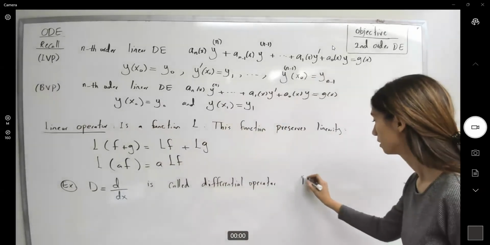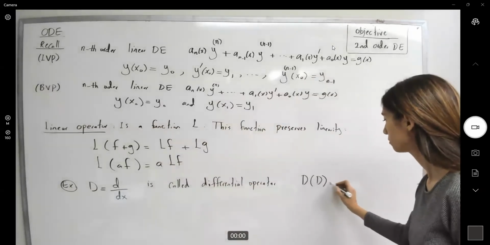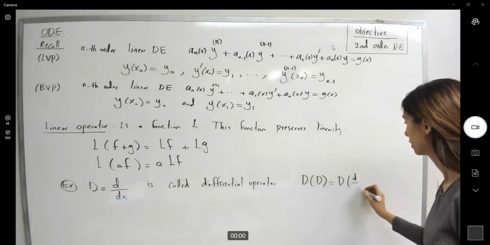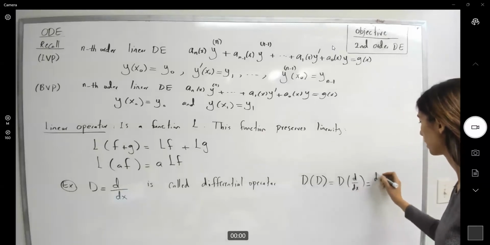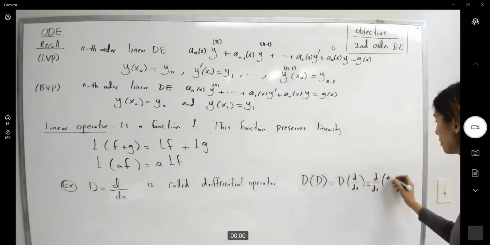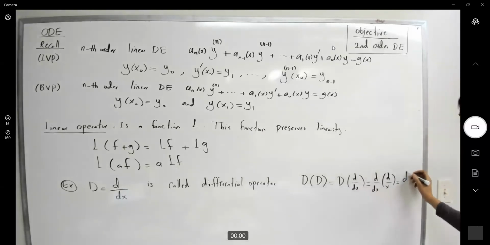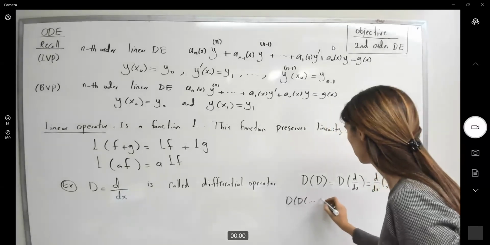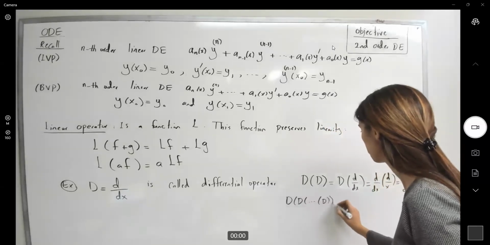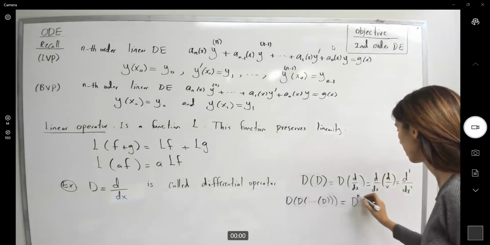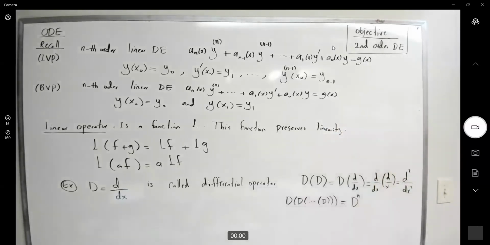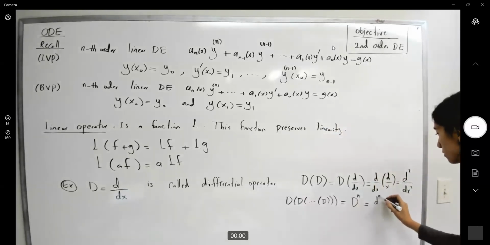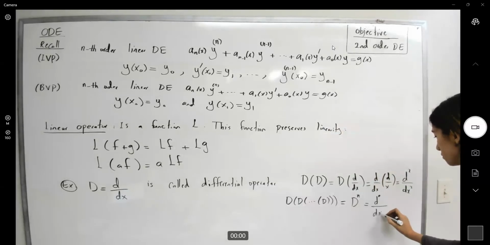Remember that D of D can be written as the differential of the differential, which is the second differential. And you can continue this process, D of D, and finally n times is D to the n, the nth differential.